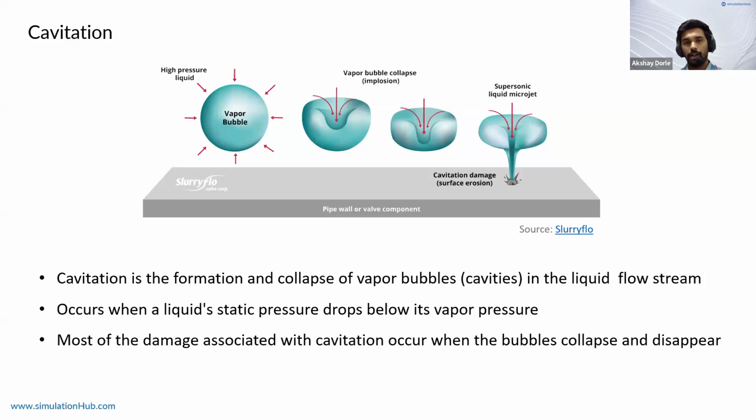And once that phase change takes place, small vapor bubbles are formed. Due to the advection of the flow, these vapor bubbles are then carried downstream where the pressure recovers, and it causes a violent implosion of these bubbles.